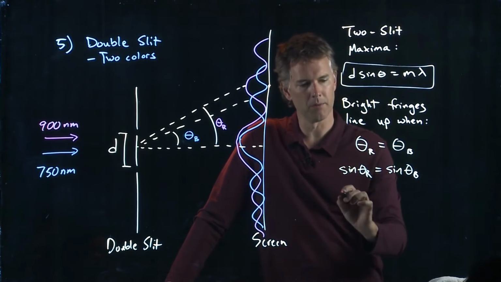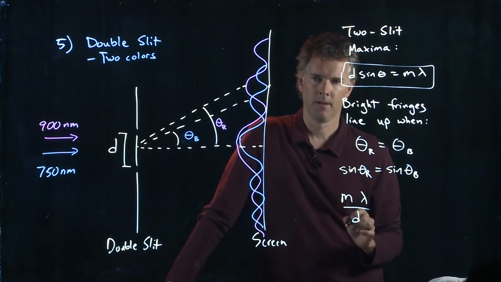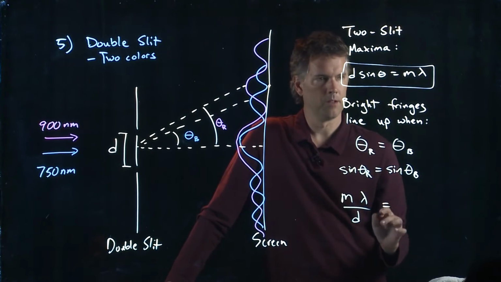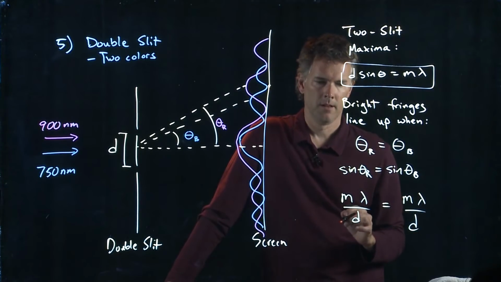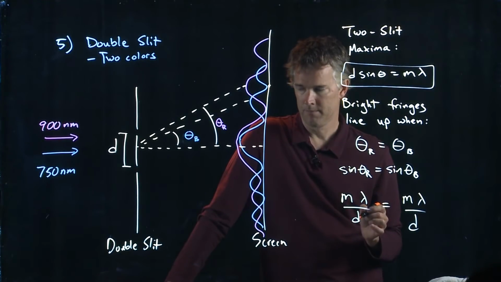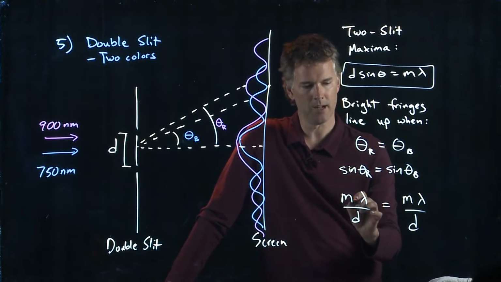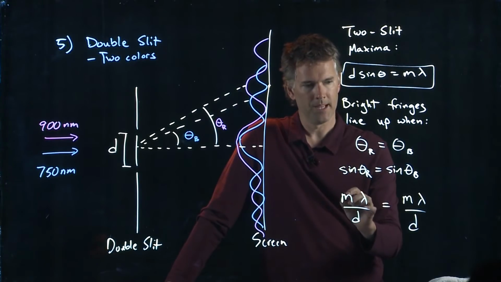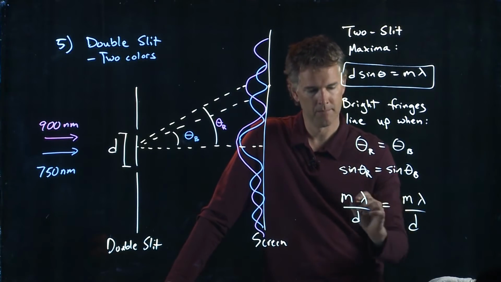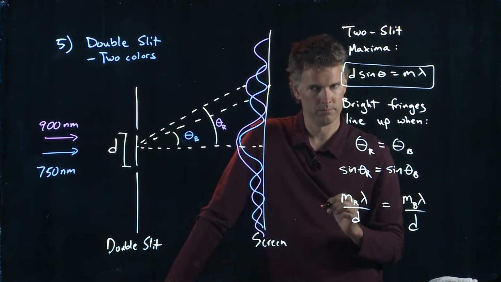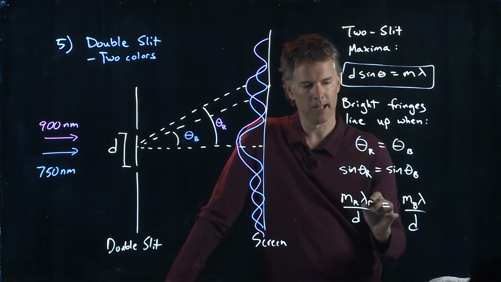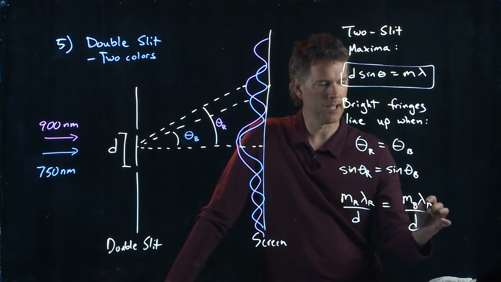Sine of theta is going to be m lambda divided by d. But now I have to be a little bit careful, right? I have to be careful because this m is not necessarily the same as that m. This is m for red. This is m for blue. Lambda on this side is lambda for red. Lambda on this side is lambda for blue.